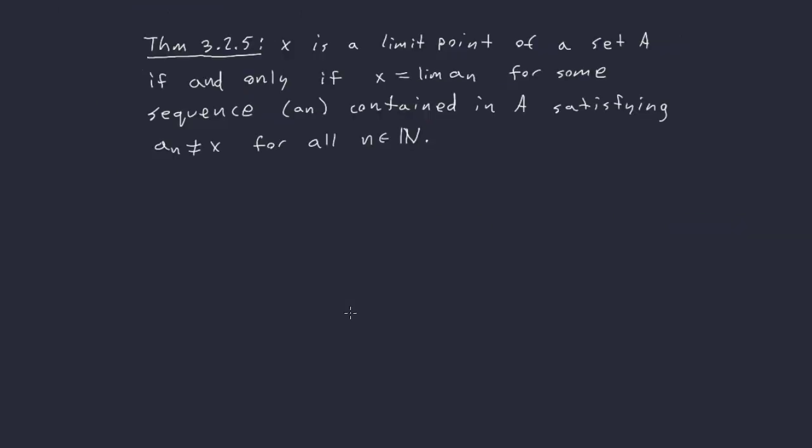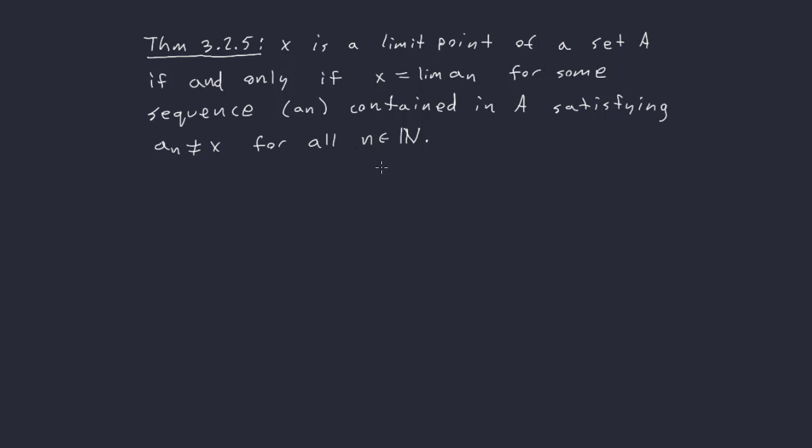All right, so this is theorem 3.2.5 in the book, which says that x is a limit point of a set A if and only if x is equal to the limit of a_n for some sequence a_n contained in A, satisfying a_n does not equal x for all n in the naturals.